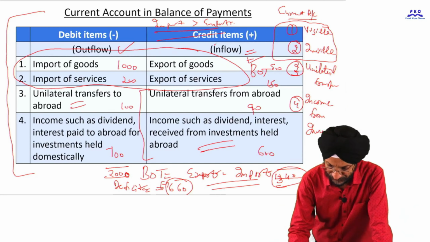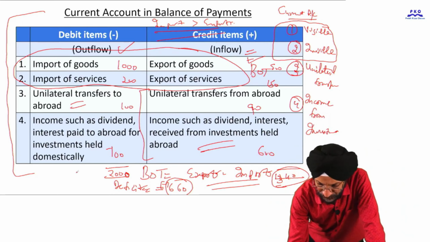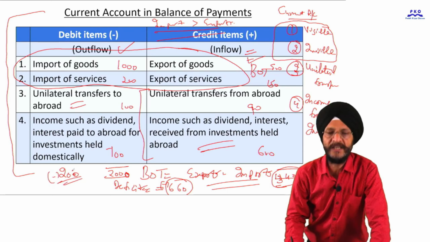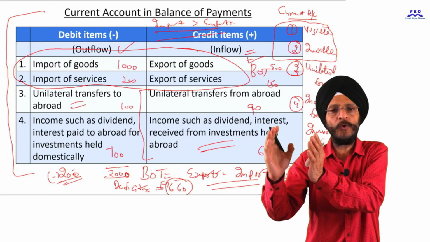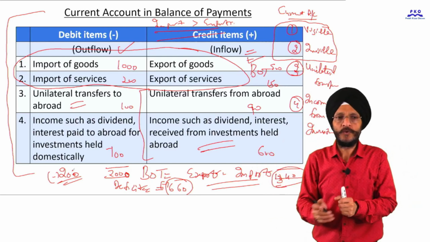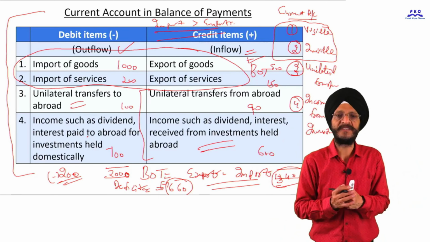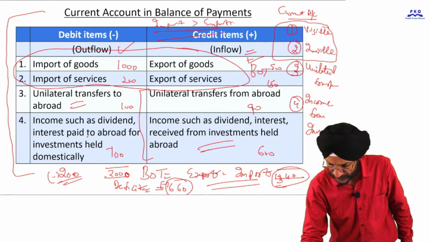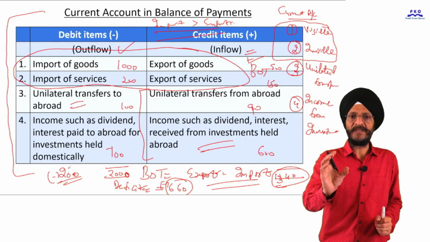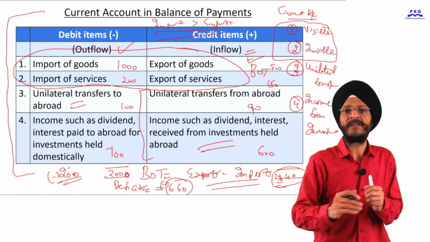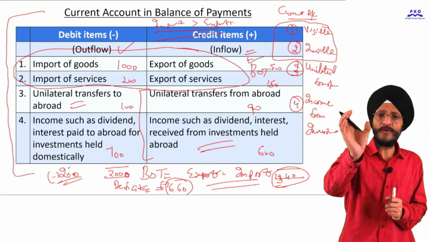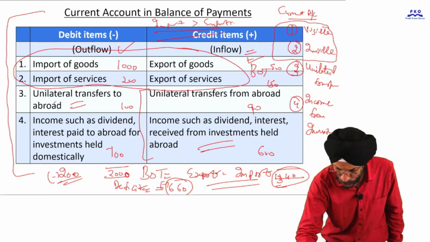Suppose there is a difference of say 200 in export and import. Suppose we assume that there are negative figures, imports are more as compared to exports. So these two items, unilateral transfers and income, can play some role in reducing this negative figure to some extent. But we cannot say that all of the negative impact of balance of trade will be absorbed by these two items.